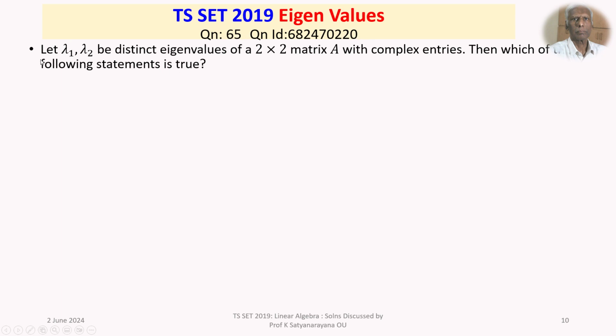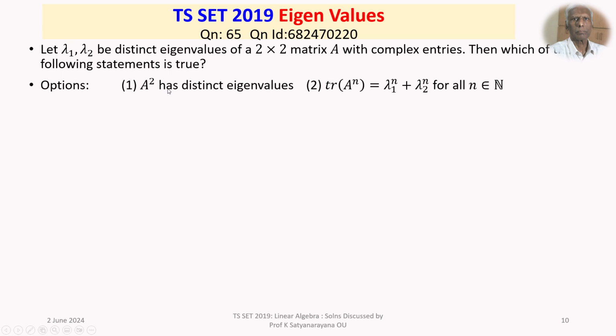The question is: let lambda 1, lambda 2 be distinct eigenvalues of a 2 by 2 matrix A with complex entries. Then which of the following statements is true? We are given 4 options. Option 1, A square has distinct eigenvalues.